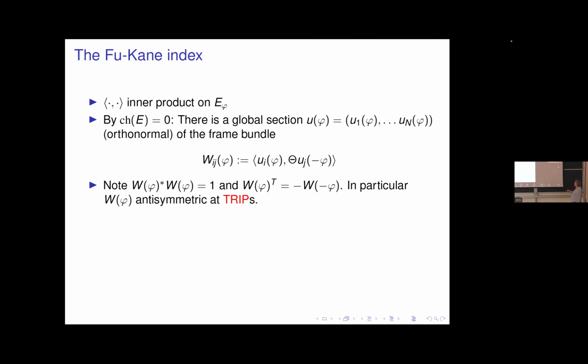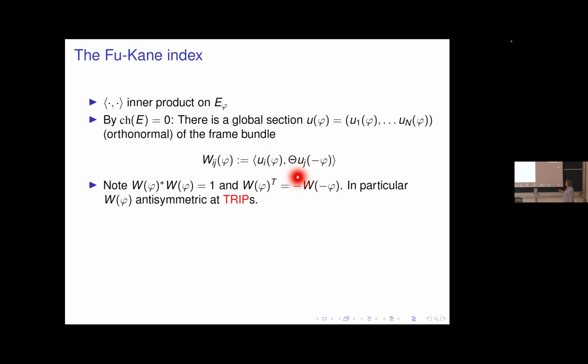Then you have another vector u_i of phi from the basis that sits at phi. And so you can build this matrix because these two are vectors in the same fiber.